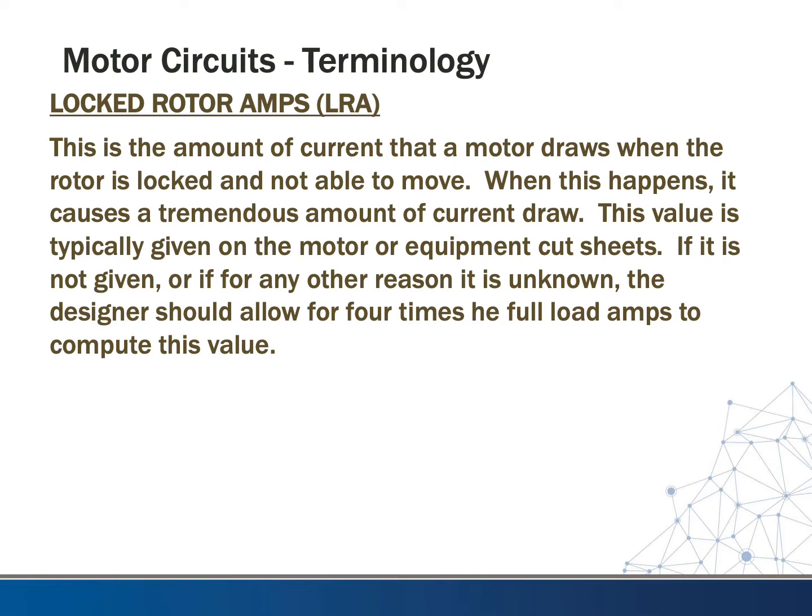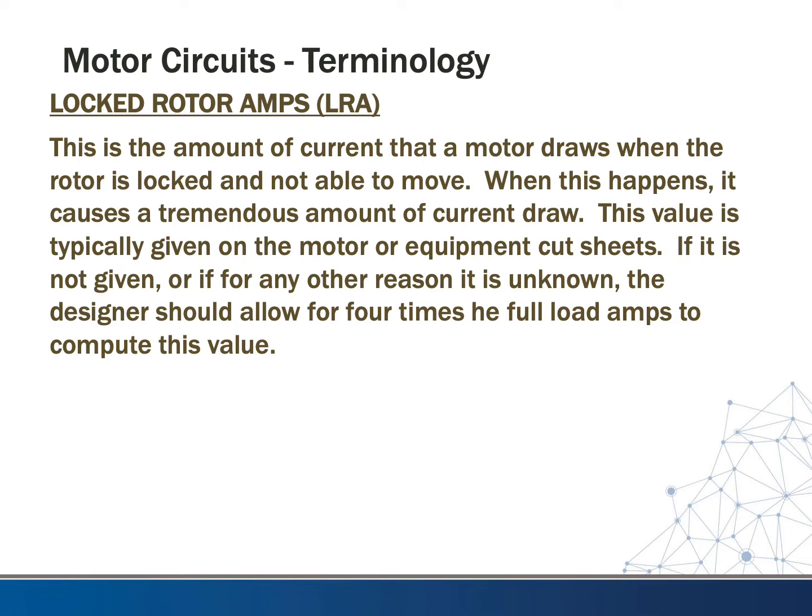Another term that you'll hear is locked rotor amps, abbreviated as LRA. This is the amount of current that a motor draws when the rotor is locked and not able to move. So if you had something that bound the rotor and it couldn't move, but the motor was still trying to make it move, it'll continue to draw more and more current up to this maximum amount, which is called the locked rotor amps.